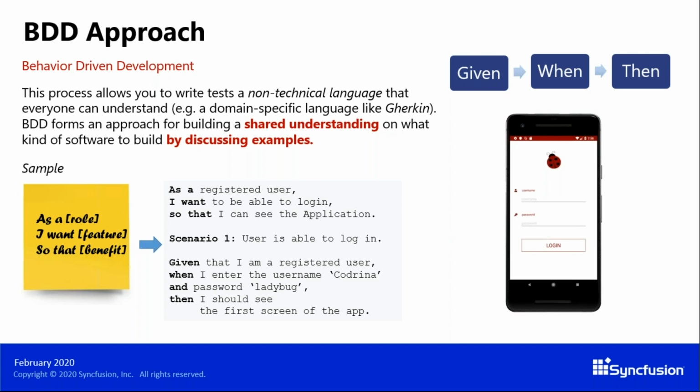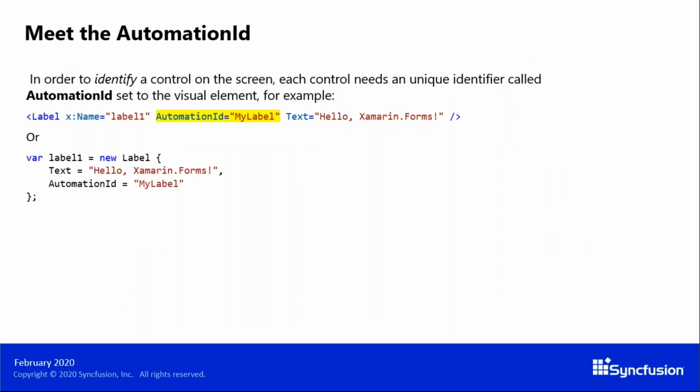So we talked about why we are trying to do the UI test. I think the other question might be how we interact with the elements in order to identify them on the screen. There is something very helpful for us called the automation ID, which helps identify every control on the screen by assigning them a unique identifier, and it can be assigned to basically all of your controls.